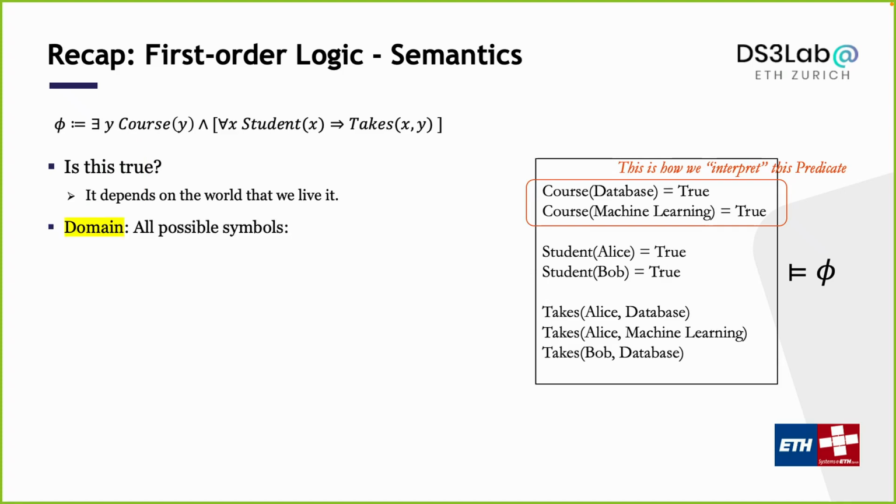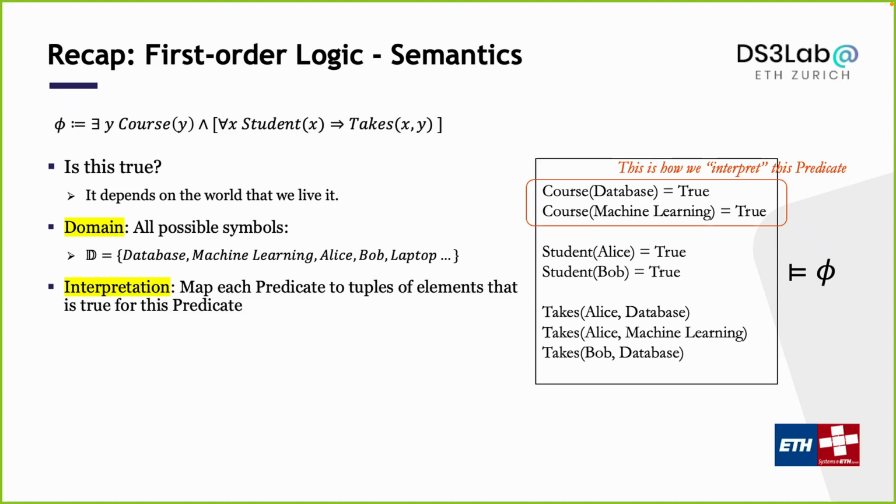So let's go through some of this. To define the world, you have a domain. That's all the objects, all the possible symbols you can have in this universe. Here, for example, the domain could be database, machine learning, Alice, Bob, and whatever constants I'm not using here. Then there's the interpretation of each predicate, which is a function that maps the name of each relation to a collection of tuples that are true under this predicate.